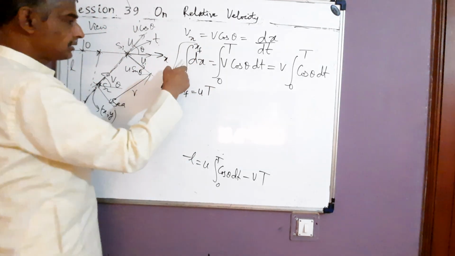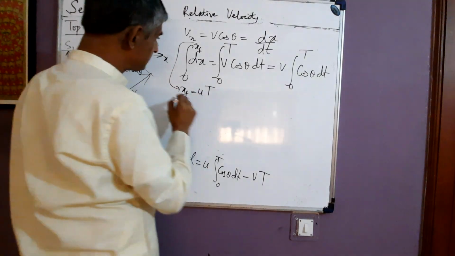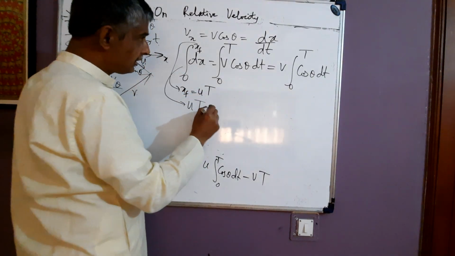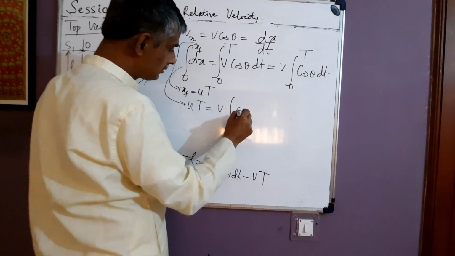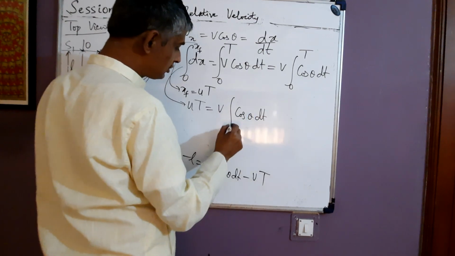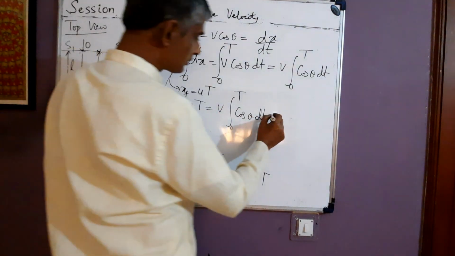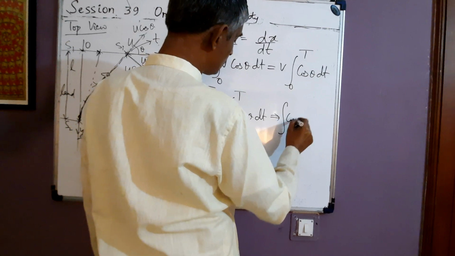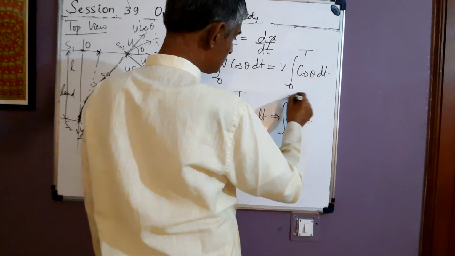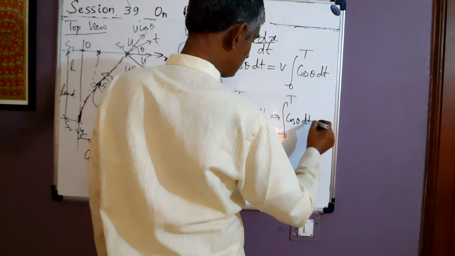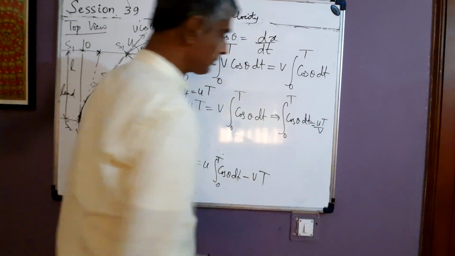Now I insert this integral here. From this we get uT equals v times the integral of cos theta dt from 0 to T. So the integral of cos theta dt from 0 to T is just equal to uT by v.